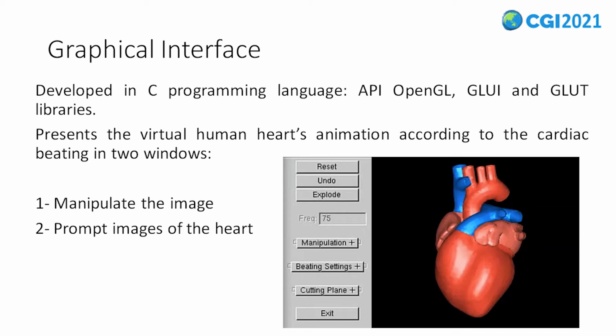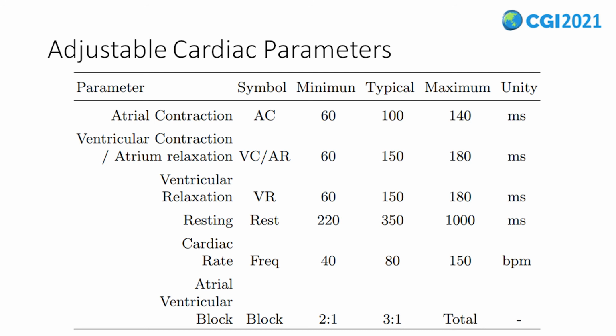The graphical interface has two windows, one to manipulate the image and two to prompt images of the heart model for holographic projection. With all parameters set as variables, it will allow the user to change the time, frequency, and rhythm variables to the individual specific steps of the heartbeat, as well as simulate conditions like arrhythmias and up to 3 different types of atrioventricular blocks.